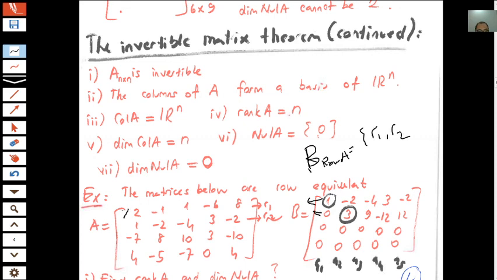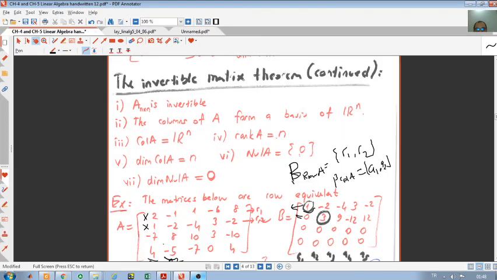We don't take the rows of the matrix A for writing the basis for the row space. For the basis for the column space, we use these columns. The first column and the second column have pivot positions, so we write A1, A2. Thank you very much for your listening.